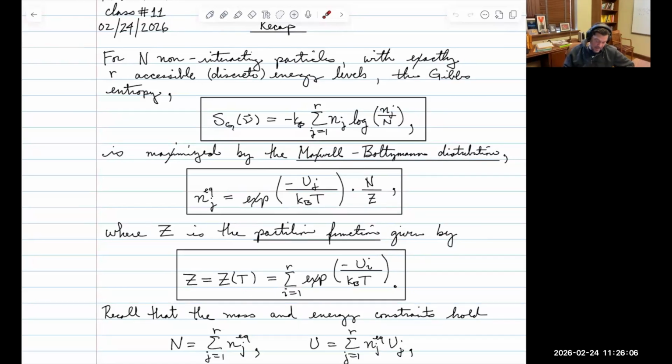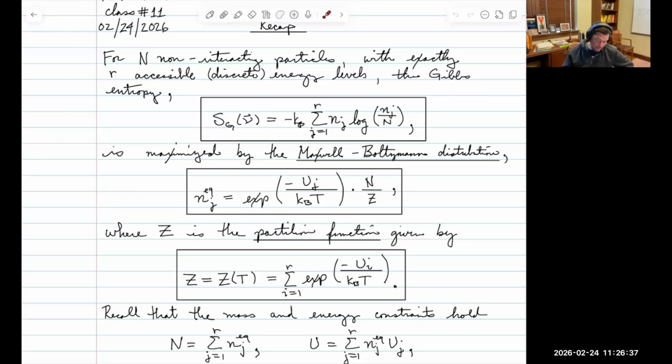That number is the exponential function of minus u_j over k Boltzmann T. That's the only dependence there on j. This is the jth energy level. And again, k Boltzmann is positive, and temperature also we expect to be positive, so this number works out to be negative. We take the exponential of this negative number.